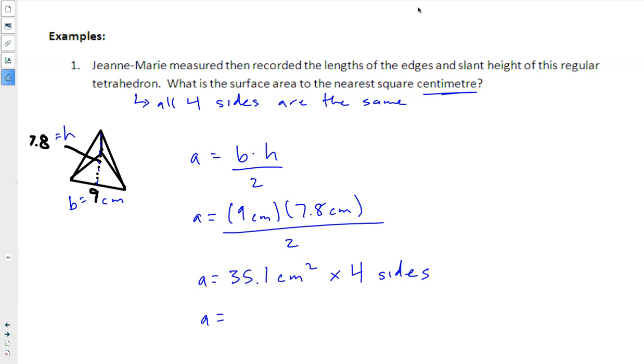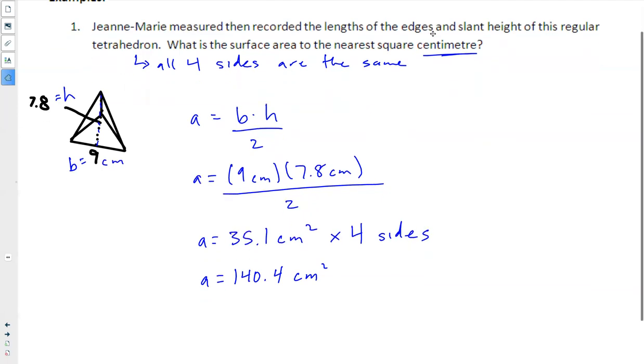Punch that into your calculator, we get a value of 140 and 4/10 centimeters squared. Now the question is asking us to answer to the nearest square centimeter. Okay, so we have 140.4. It is 4 or less, so we're going to let it rest.